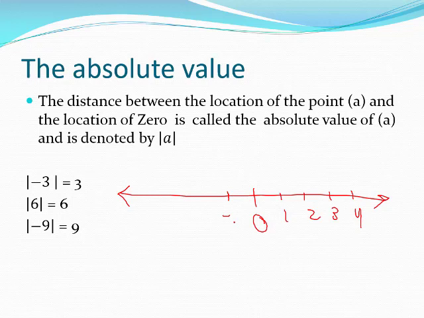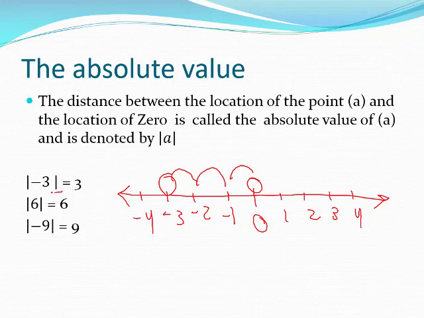And negative 1, negative 2, negative 3, negative 4, and so on. Now we want to find the distance between 0 and negative 3. Let's count it together. 1, 2, 3. So the distance between 0 and negative 3 equals 3.